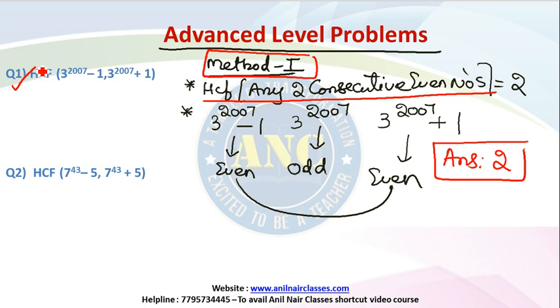HCF of any two consecutive even numbers is always 2. This is the concept, and below is the execution of the concept. First one is the concept and second one is the execution of the concept.